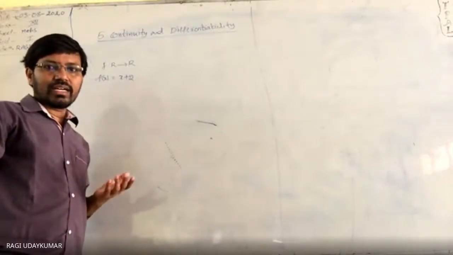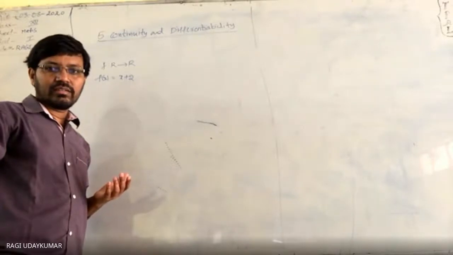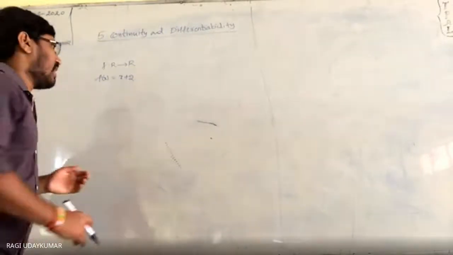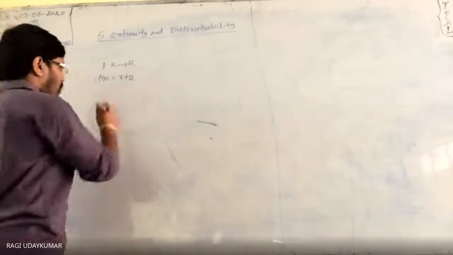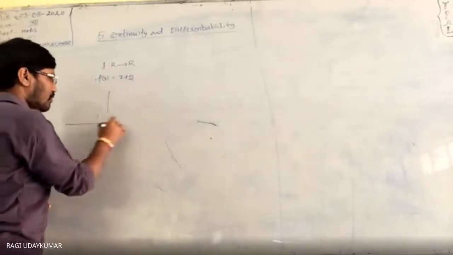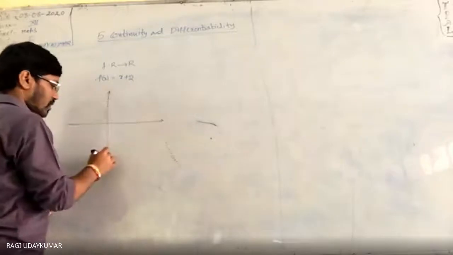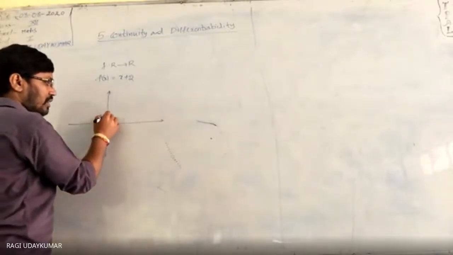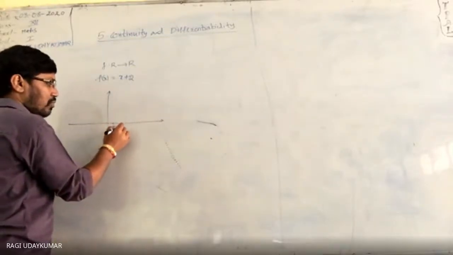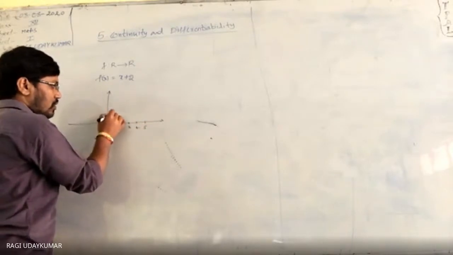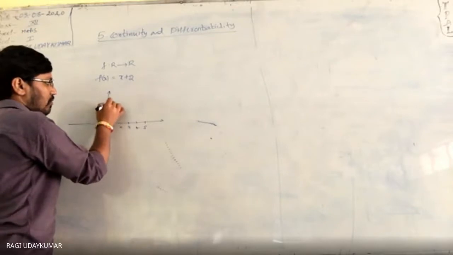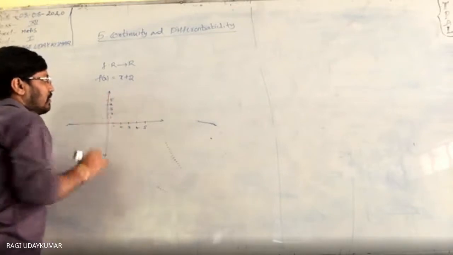How can you draw its graph? Just x values can be assumed any real numbers, and you draw by values. If x is equal to 0, y is equal to 2. Here you will mark points 1, 2, 3, 4, 5. Here also 1, 2, 3, 4, 5.